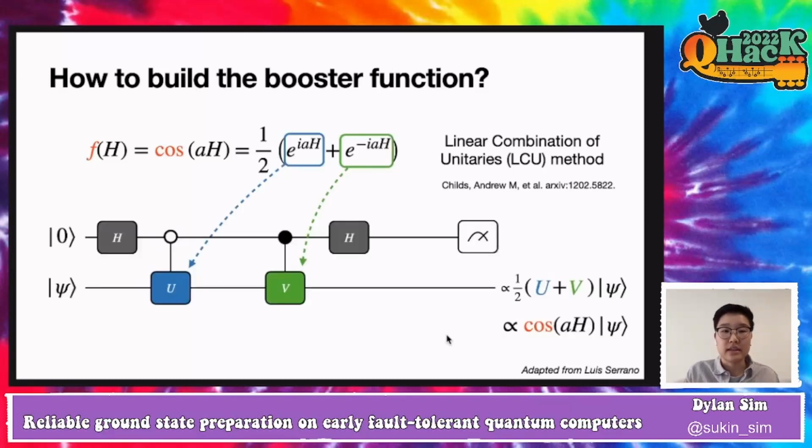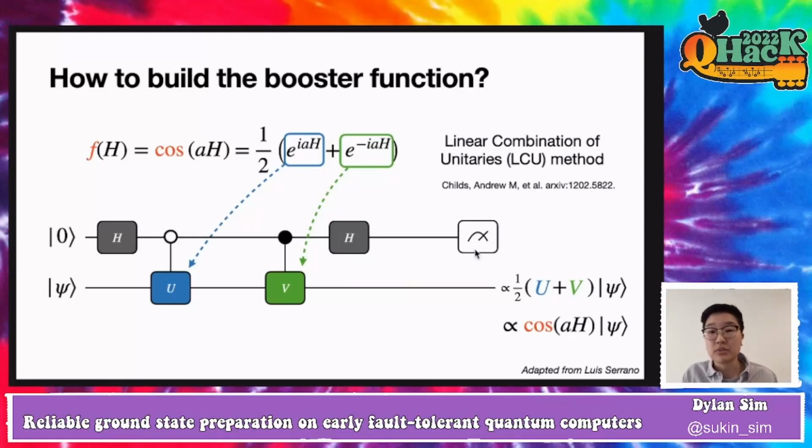For this example, you'd only need one ancilla qubit that you prepare in such a way that it encodes the coefficients in the linear combination. Then this is followed by applications of controlled time evolution operations. So U here corresponds to e to the iAH, and V corresponds to e to the minus iAH, followed by some unpreparation of the ancilla qubit, and you measure.